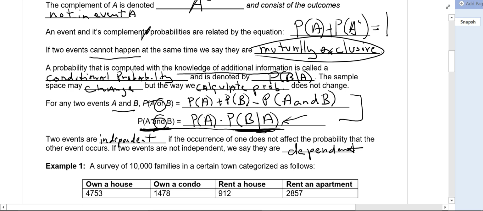Mutually exclusive means they can't occur at the same time, whereas independent, they don't influence one another. There are special things we know about those two situations, but again, these two formulas, if the information is available, will work all the time.